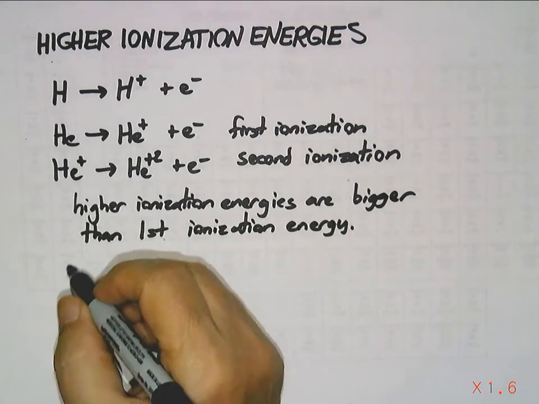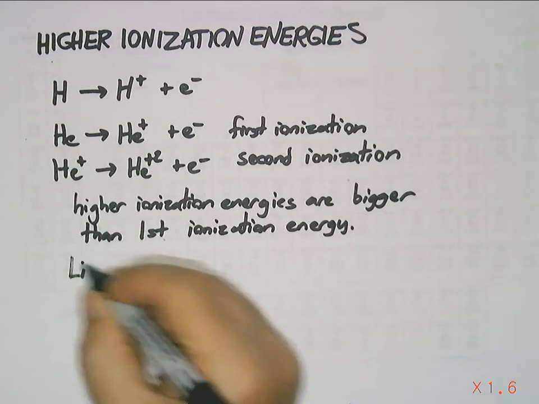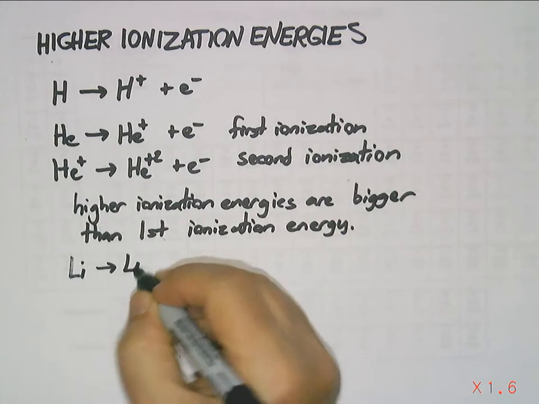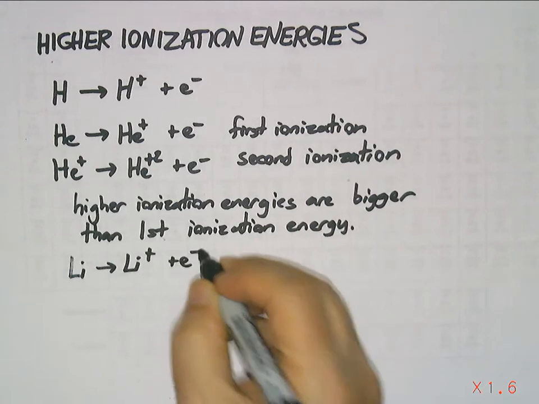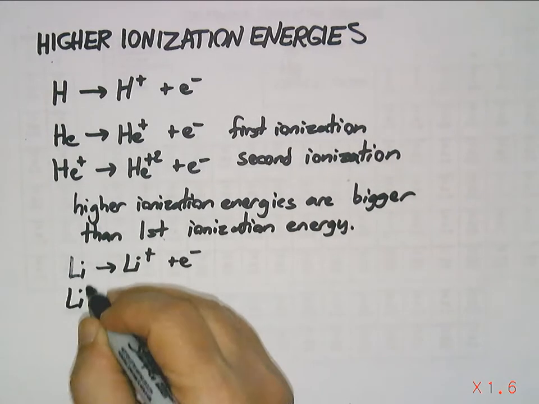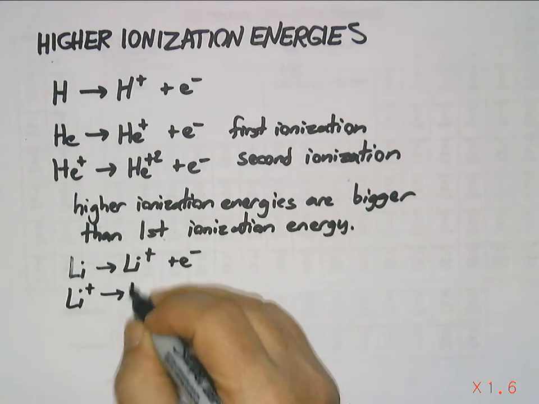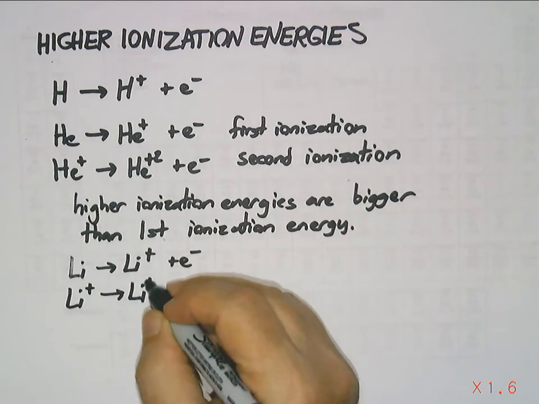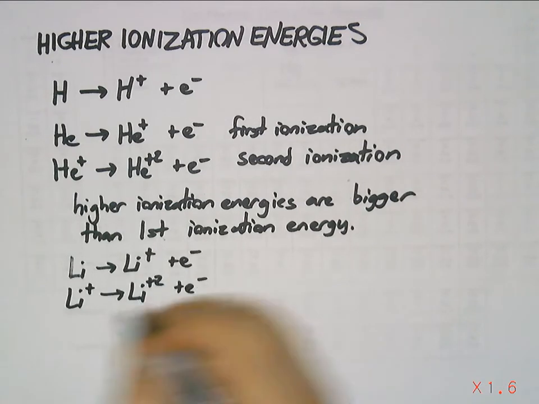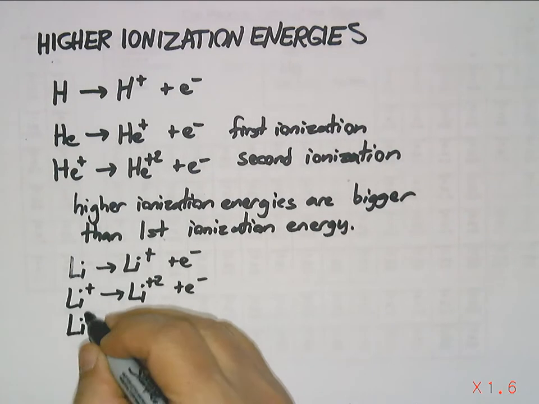How about we look at lithium though? Lithium has 3 electrons. You can have a first ionization energy, a second ionization energy, and a third ionization energy.